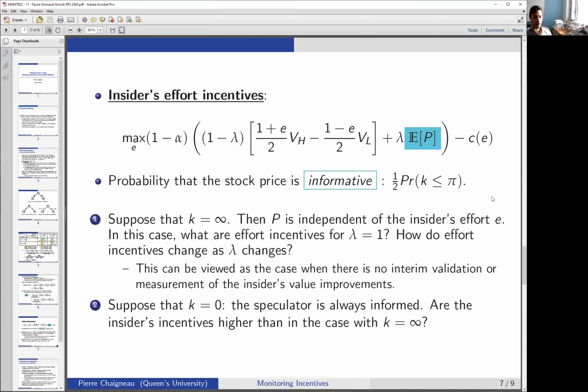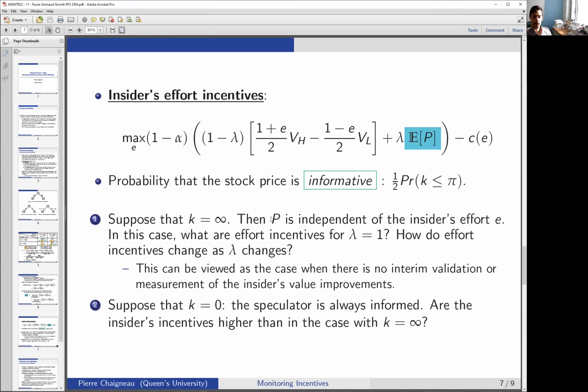Okay, so to understand better how this works, let's consider two special cases. First of all, let's suppose that K is infinite. So there's an infinite cost to getting information, in which case this probability will always be equal to 0. So the stock price is never informative. There's no informed trading.